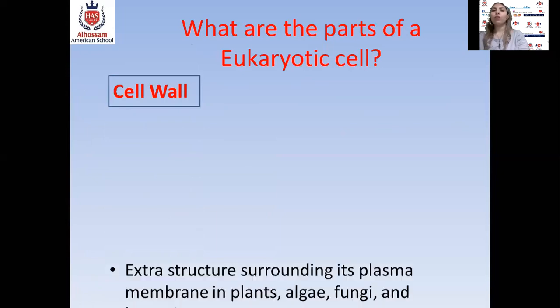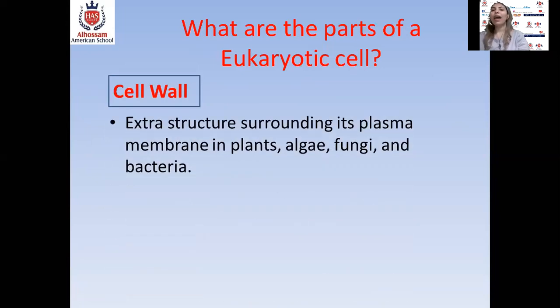Number 1, cell wall. As you know, the cell wall is found outside the cell and is an extra structure surrounding the plasma membrane. The plasma membrane is found in all types of eukaryotes, while the cell wall is found in some types like plants, algae, fungi, and bacteria.